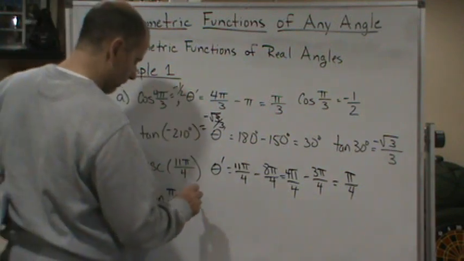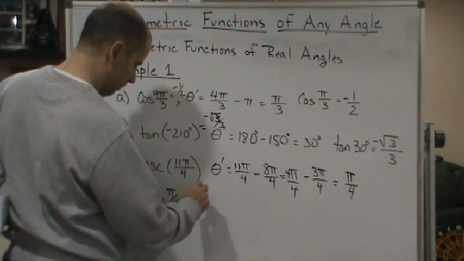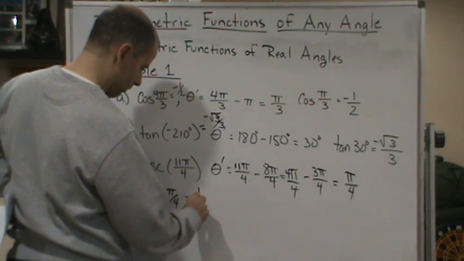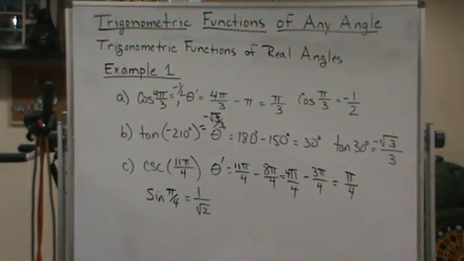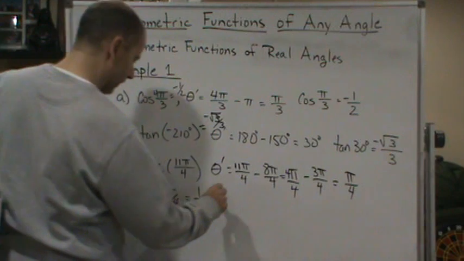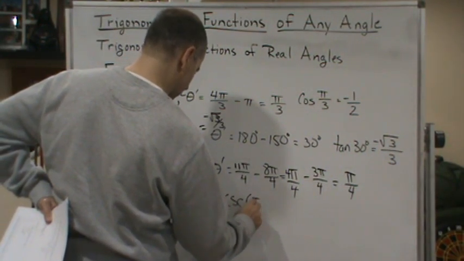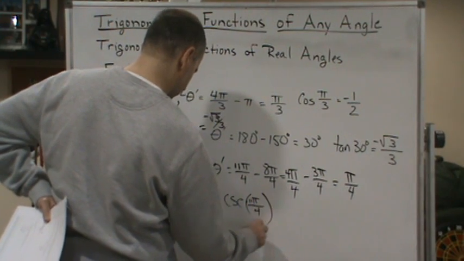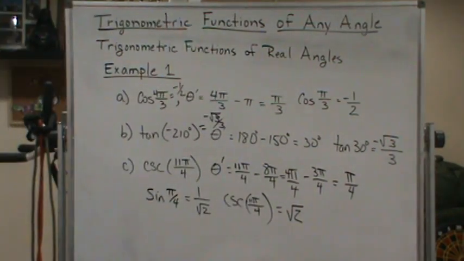So it's going to be 1 over the square root of 2, right? So that means cosecant of 11 pi over 4 is the reciprocal of this, so it's going to be square root of 2. And we're done. All right, cool. Next, we'll do a checkpoint.